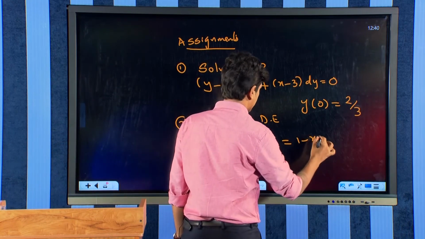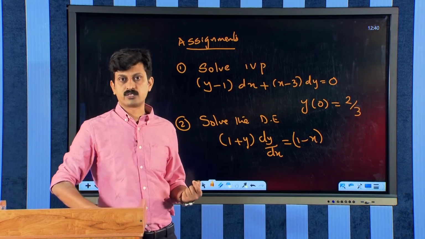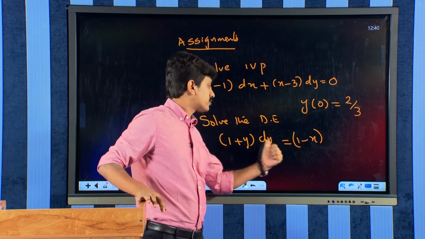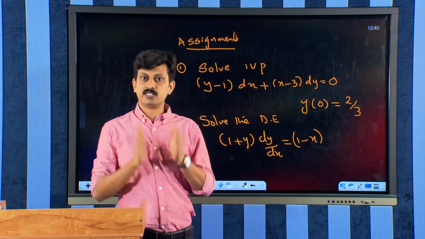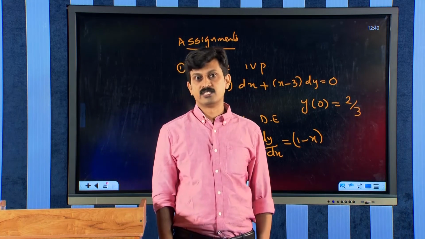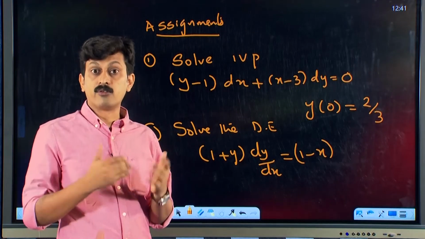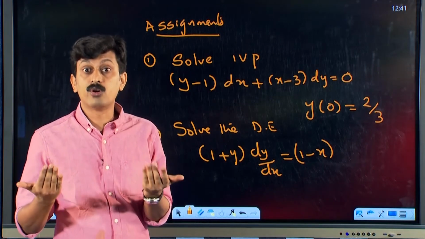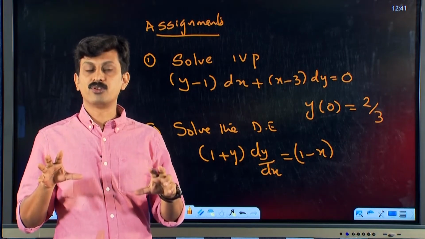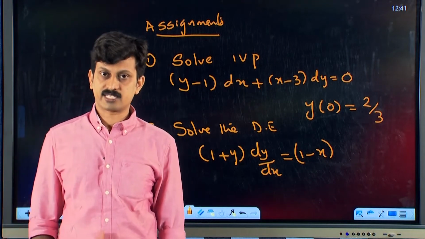This one you can also rearrange: (1 minus x) dx minus (1 plus y) dy is equal to 0. In that case also, it is in the form of M dx plus N dy is equal to 0. From there we can find M and N, and also we can find dou M by dou y and dou N by dou x. If dou M by dou y is equal to dou N by dou x, then we can say that the differential equation is exact.